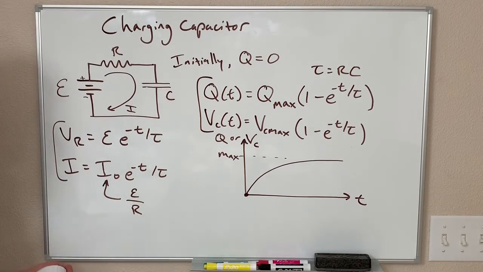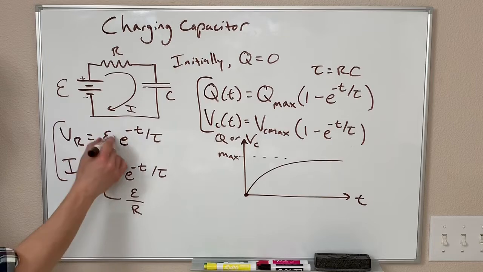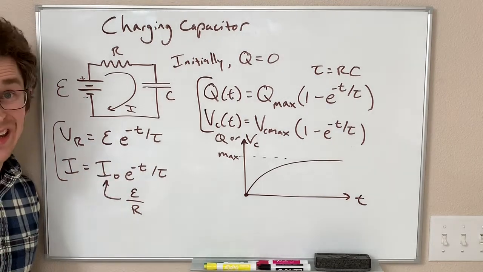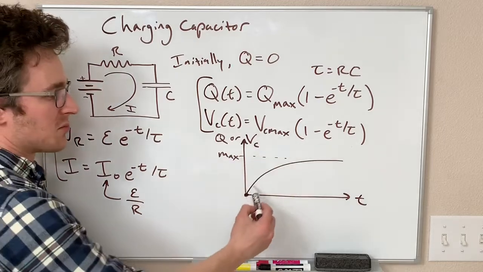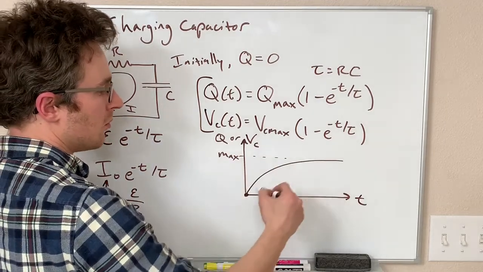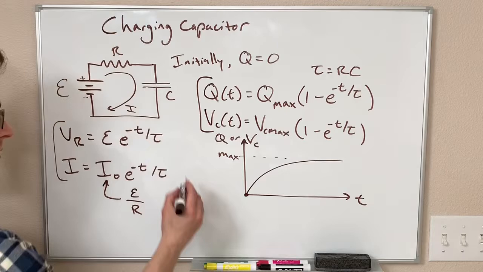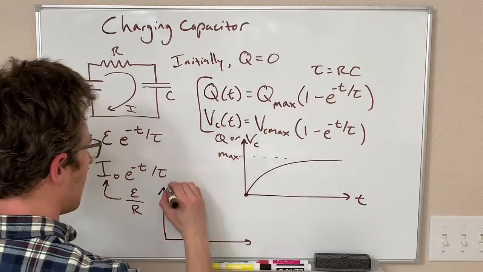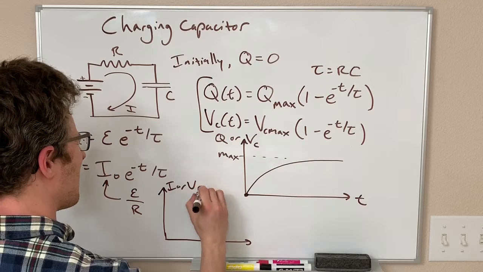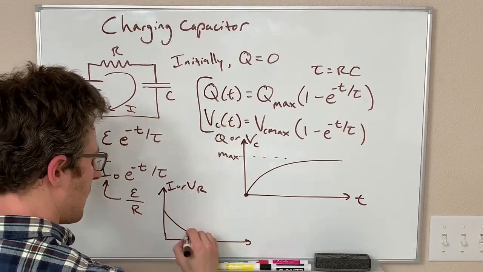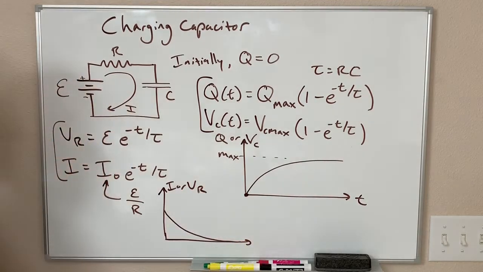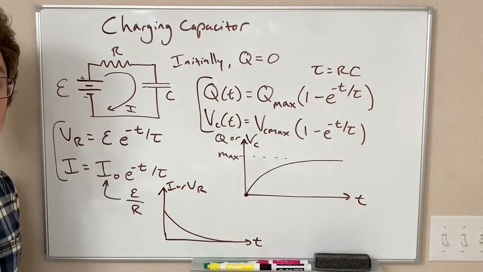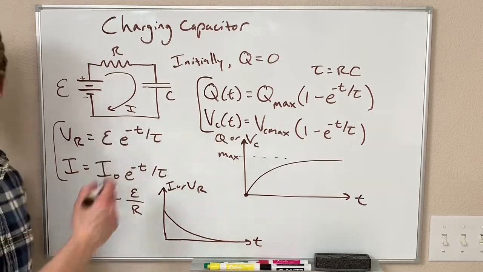All right, so anyway, these equations, you'll note, I didn't actually say this, are exponentially decaying. Where these two are asymptotically approaching some positive non-zero value, I and VR are exponentially decaying, just like our equations for the discharging capacitor.